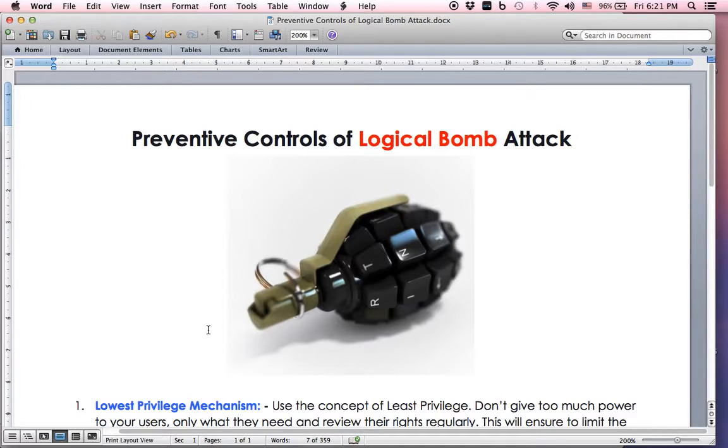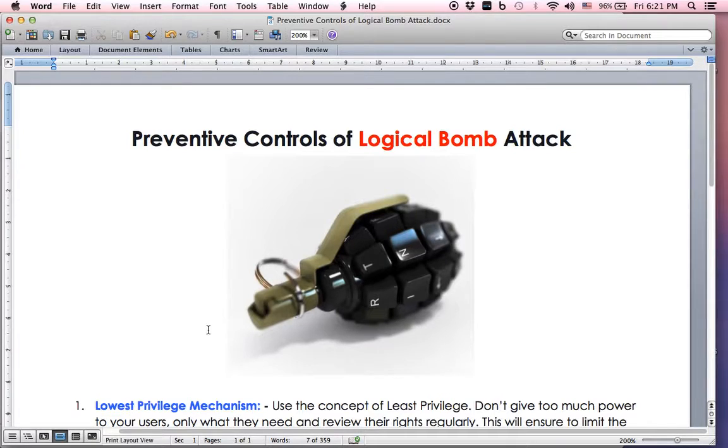But before they resign, they come up with malicious code, setting a specific condition to execute and destroy the database after they leave the organization. This is just the principle of the logic bomb attack.